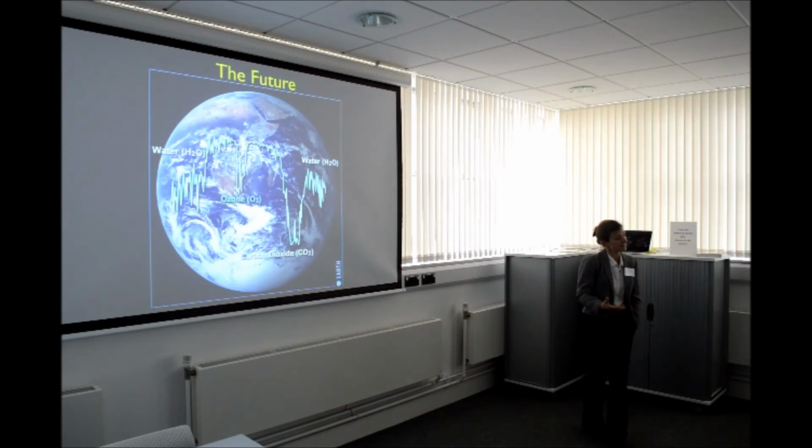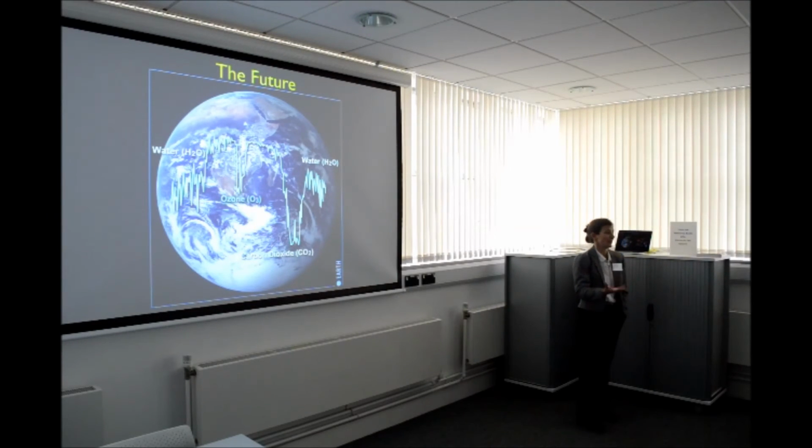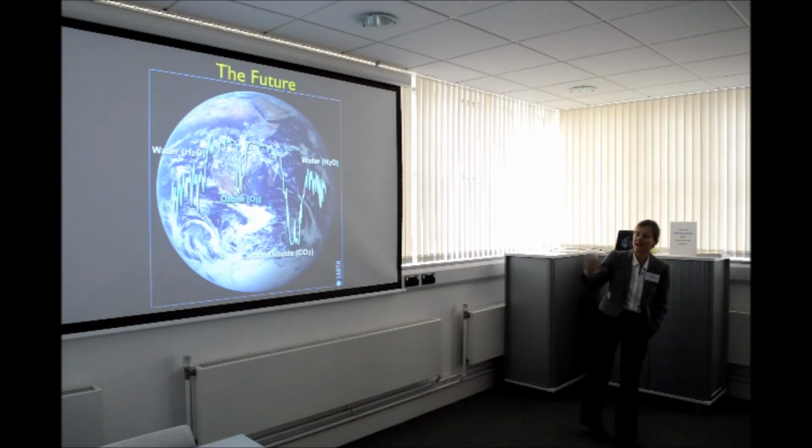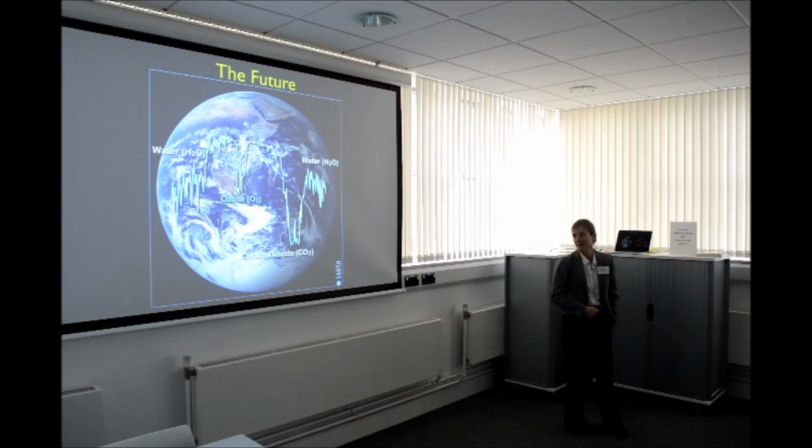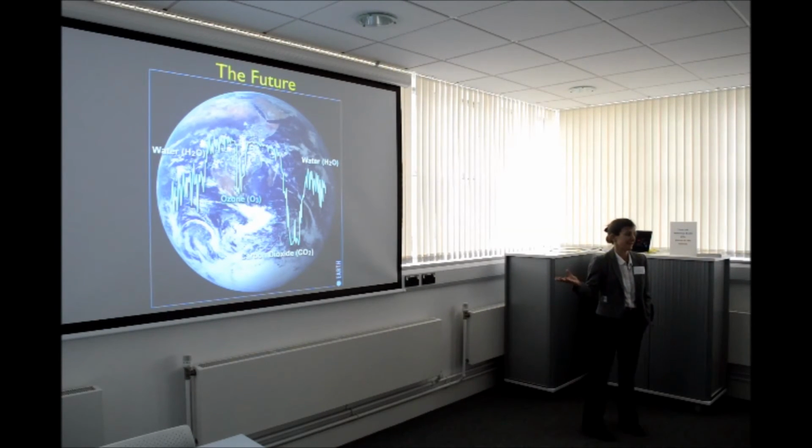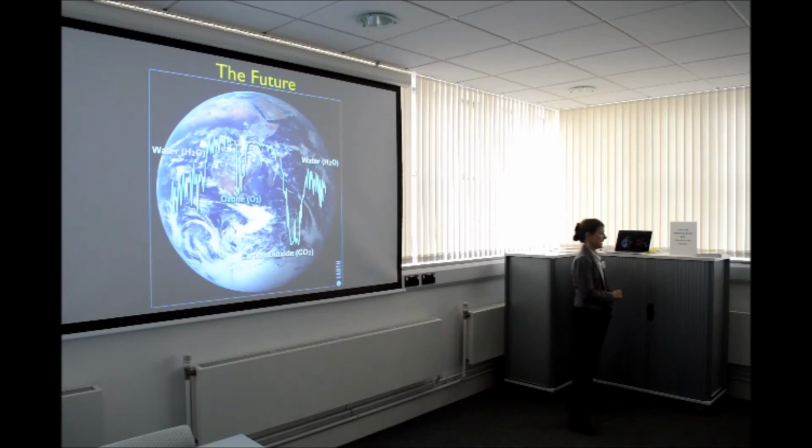So the work on exoplanet atmospheres is likely to develop from modelling atmospheres of hot Jupiter-like planets to modelling atmospheres of rocky terrestrial planets, which could be like the Earth. And then, of course, looking for signs of life, like a balance between carbon dioxide and water in the atmosphere.